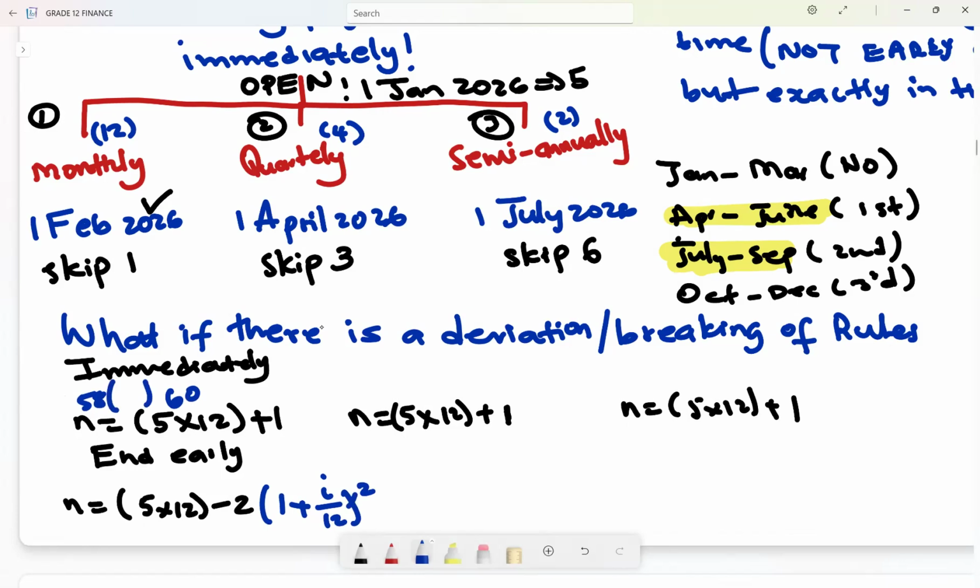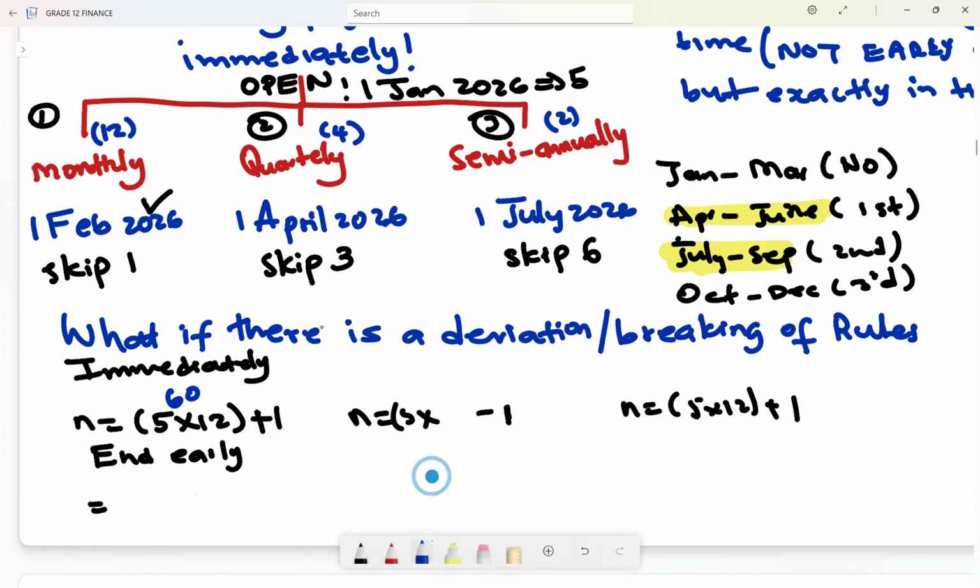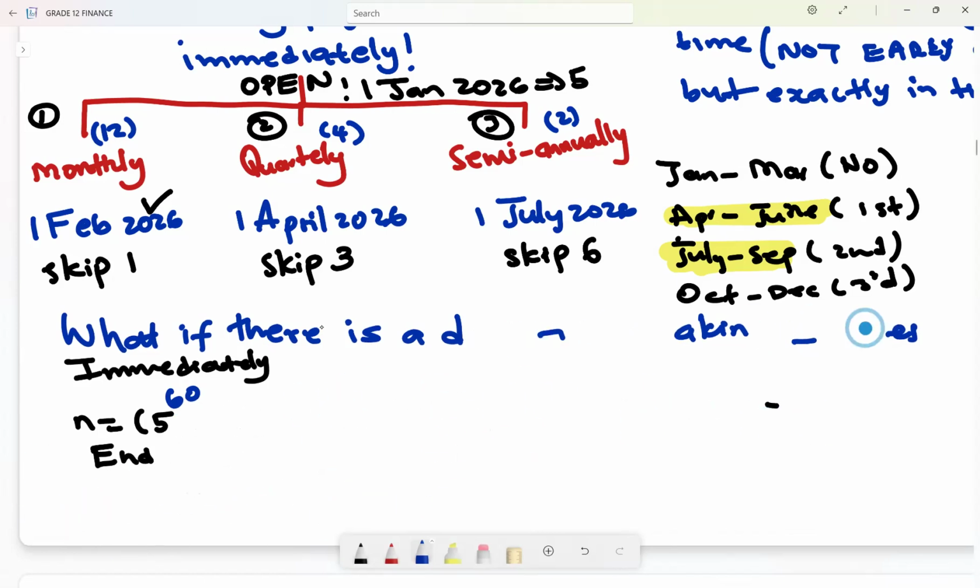It is going to gain interest for 2 months. Remember to put the bracket, 1 plus i divided by the interest period, and then raise it to the power of the months that you skipped or did not pay.